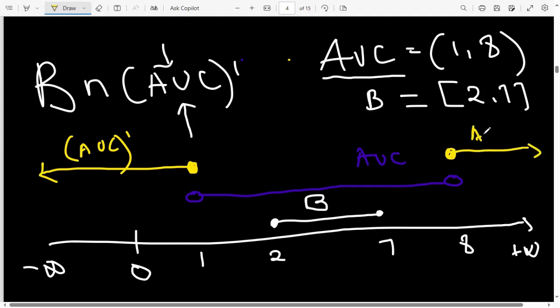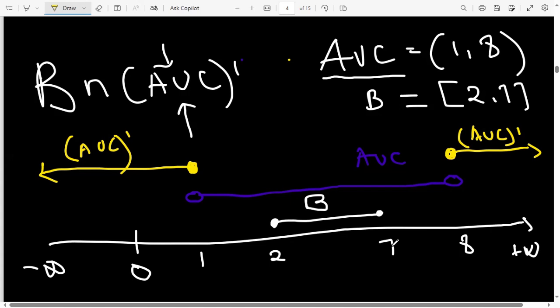So from this diagram, is there any point where you can see the set B intersecting with the A union C complement? No.